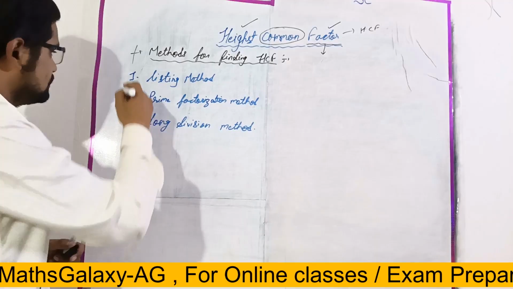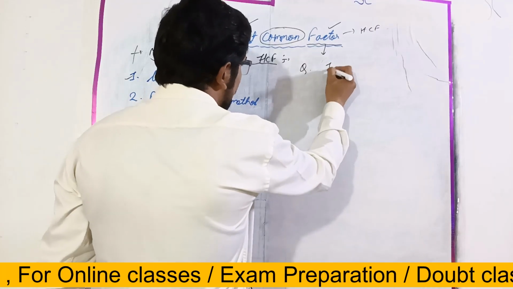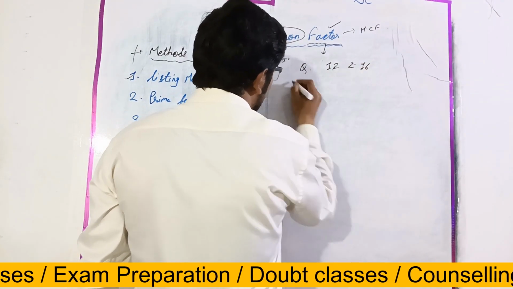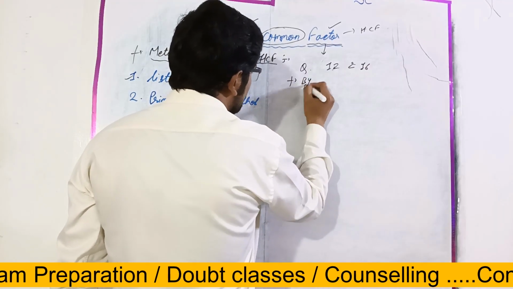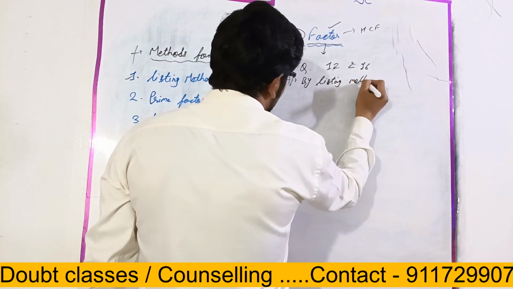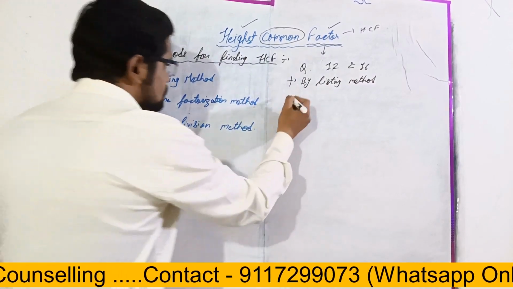As here, the listing method. Just like an example, suppose we find the HCF of 12 and 16 by the listing method.